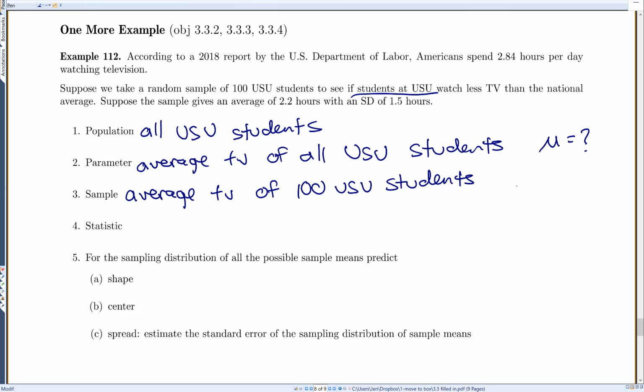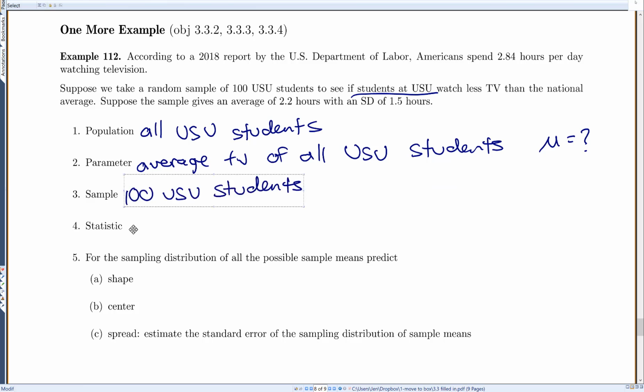And my statistic then, my sample is just the 100 USU students. And then my statistic is the average, or the mean TV of the 100 USU students.